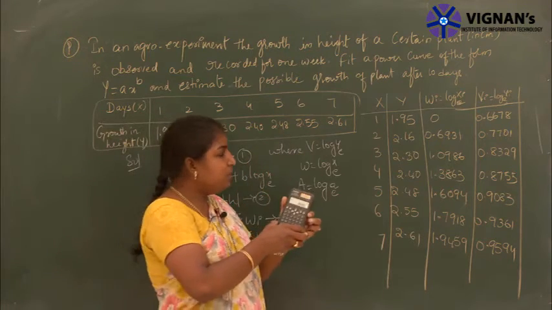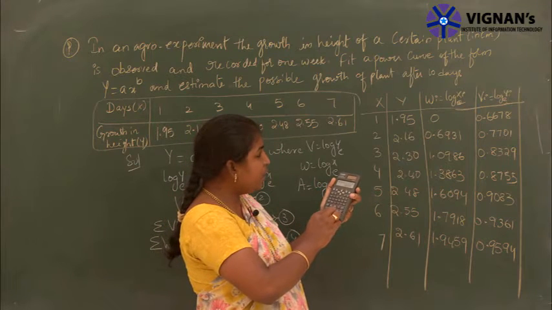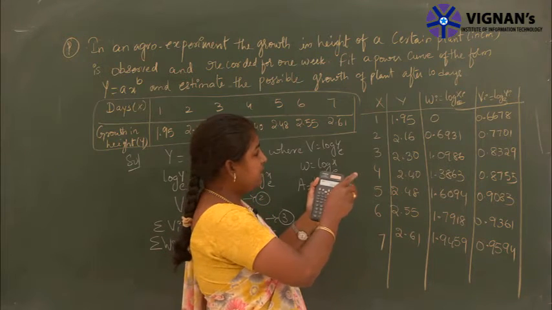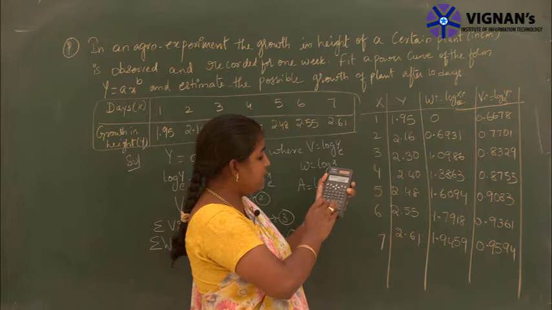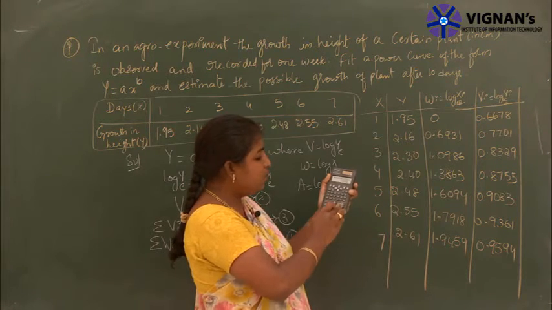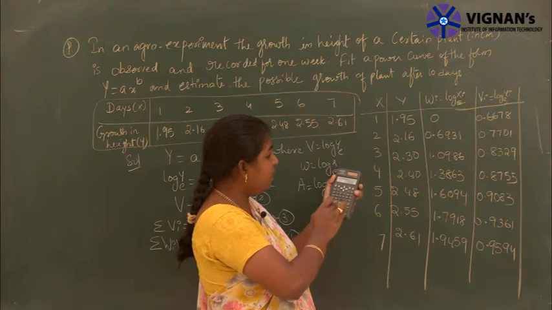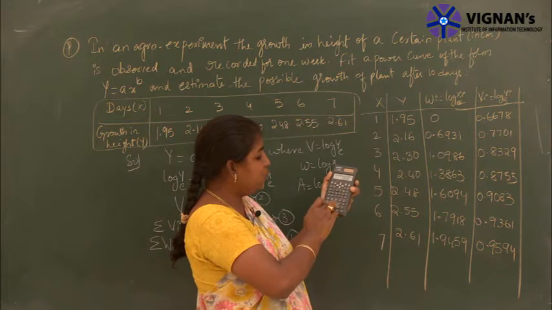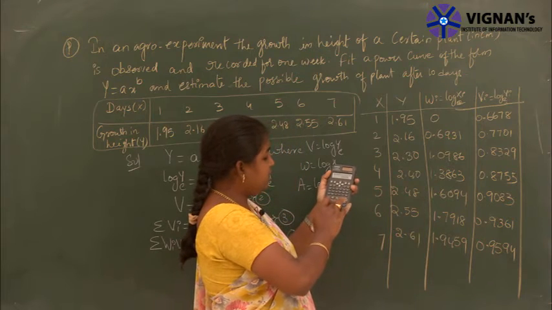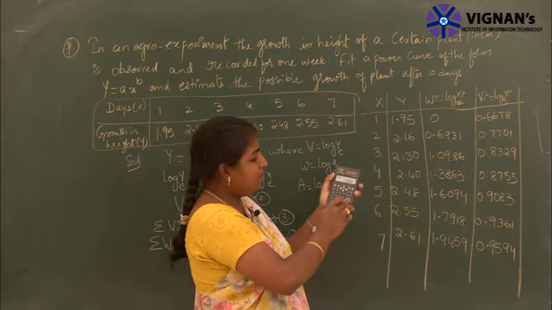Now I am giving the wi and vi values: 0, 0.6678, M plus. Second value 0.6931, 0.7710, M plus. Next 1.0986, 0.8329, M plus. Next, fourth value 1.3863, 0.8755, M plus.